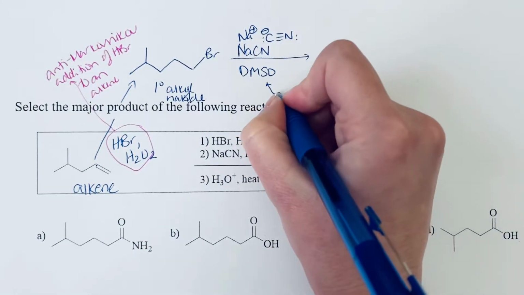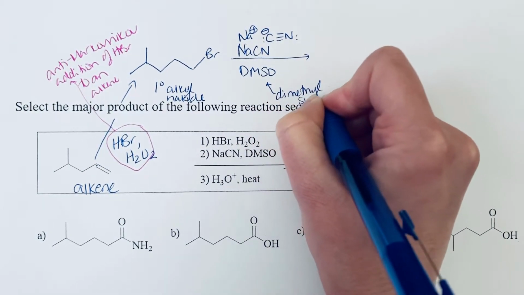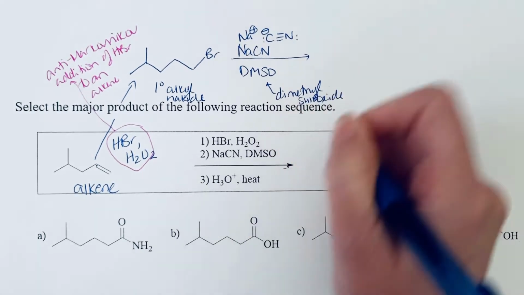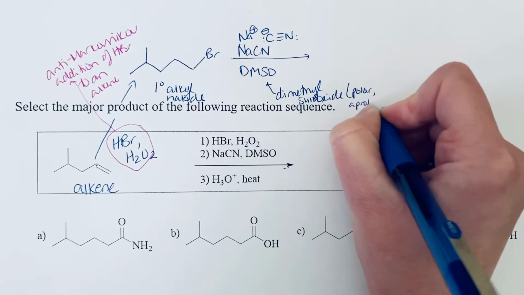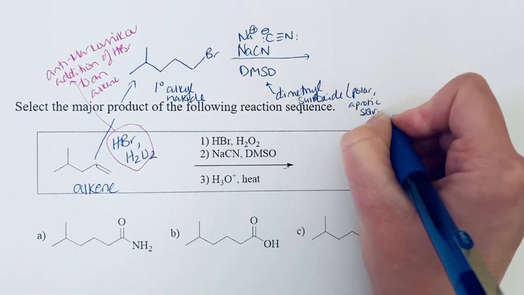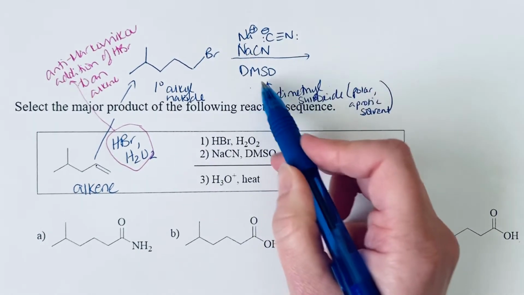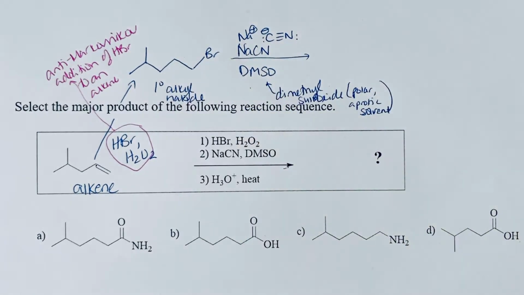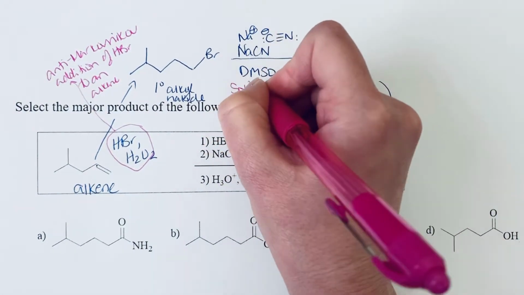And DMSO is dimethyl sulfoxide, an example of a polar aprotic solvent. So you've got a good nucleophile, a polar aprotic solvent, and a primary alkyl halide. These are the conditions for an SN2 substitution.